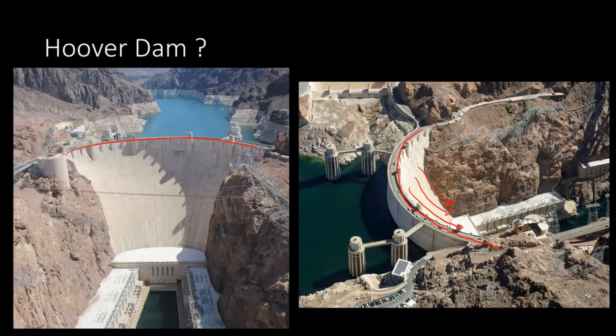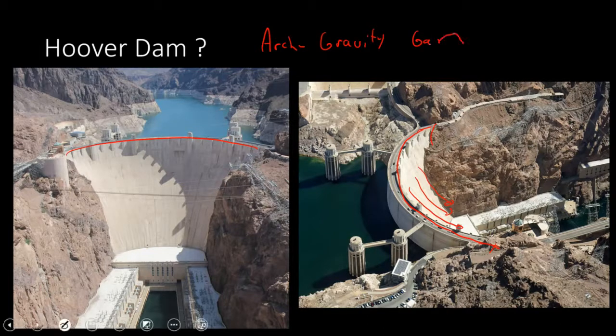So it takes the strength of the arch, it also situates it in a spot that would be acceptable for an arch dam, and braces the ends of the arch along the canyon walls. But then it also makes it kind of a gravity dam, which basically makes the dam safer, able to hold back more water, things like that. So that would be the Hoover Dam. Hoover Dam is an arch gravity dam.